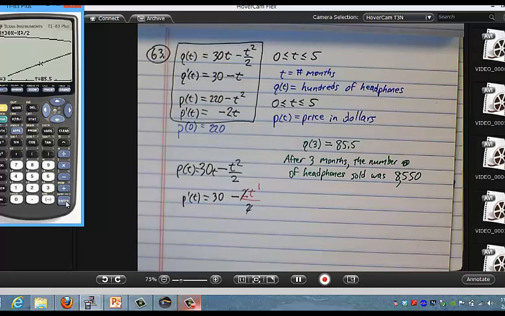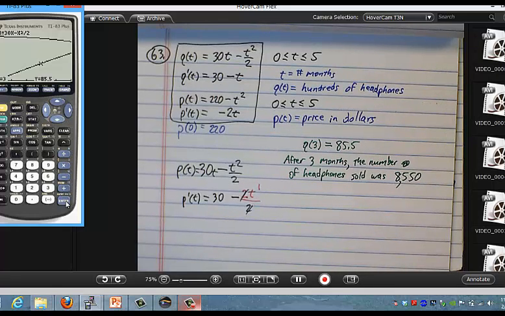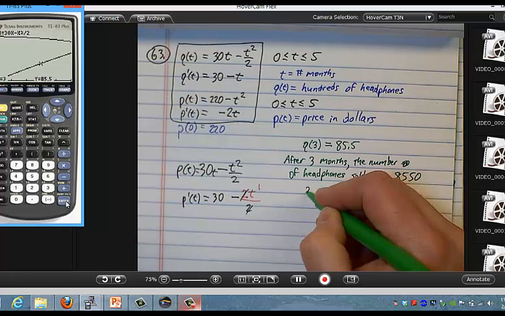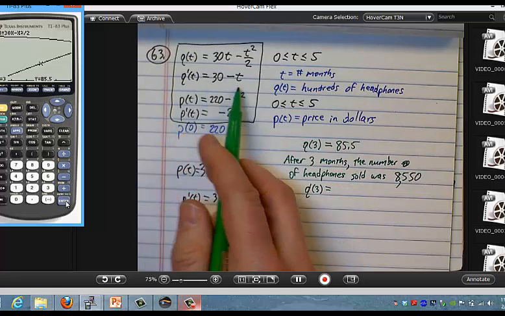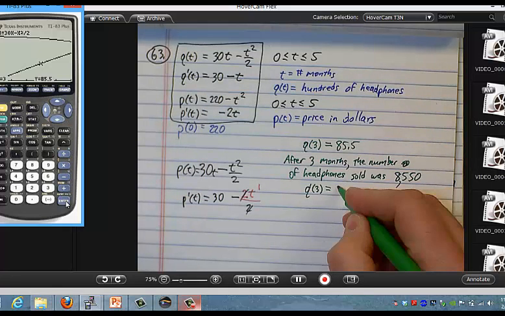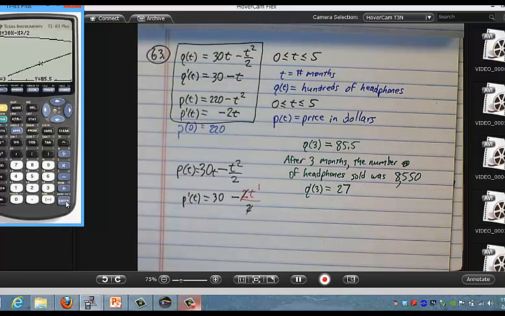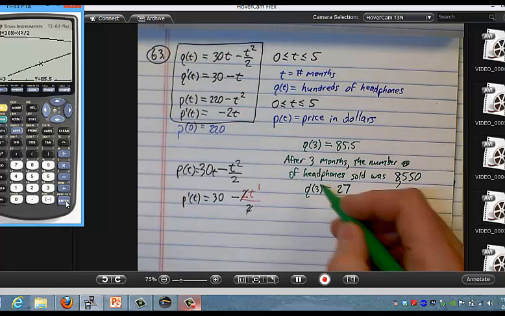Oh, so the next part is, let's find Q prime of 3. Well, Q prime of 3, we just do 30 minus 3, we get 27. Q prime of 3 is 27.